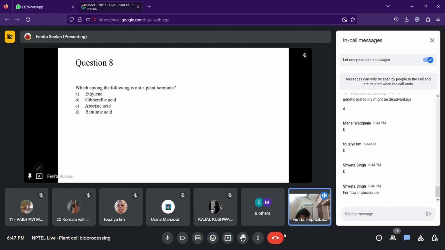So what is abscisic acid used for in general? Shweta Singh has said flower abscission. What do you mean by that, Shweta? Flower abscission? I'm inducing more flowering. I cannot understand.